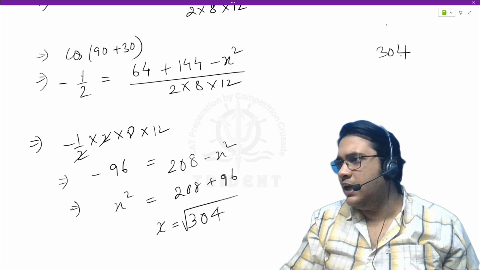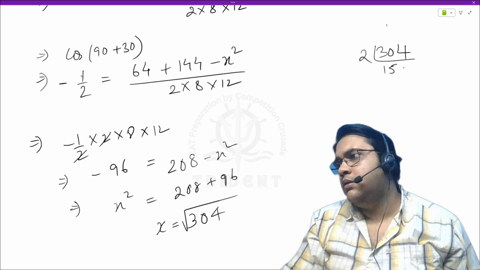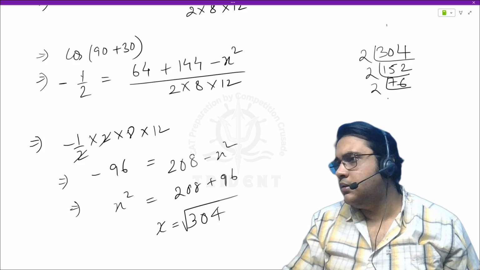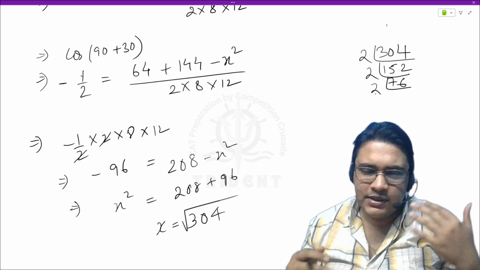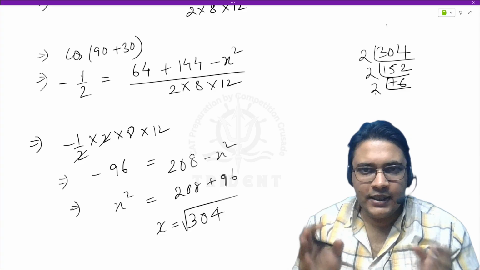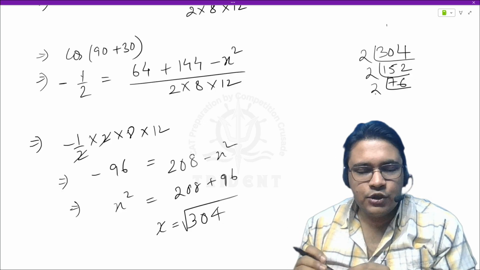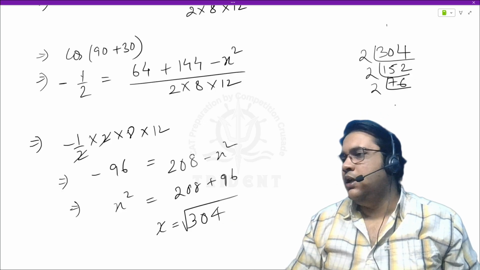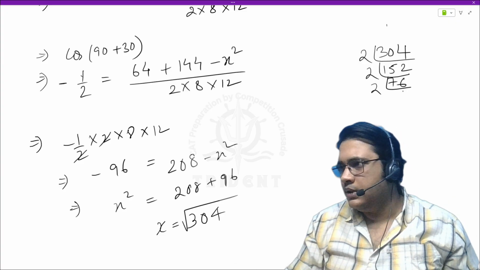Or you can just do it like this. If you're tired, you have to do this. Otherwise, 19 into something in the range of 304. 19 is a prime number, so I can take 19 in the square root and take the other part outside of the square root. But I am a little tired, so I'll just do long division, or prime factorization.